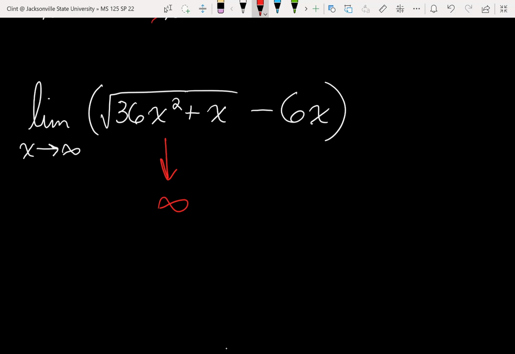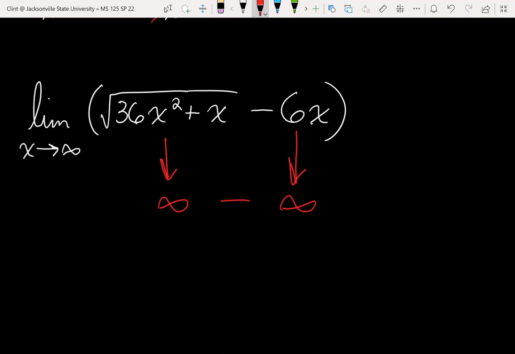What happens to 6x is just going to get bigger and bigger and bigger. It runs away huge. So it goes toward infinity. So our limit should be infinity minus infinity.